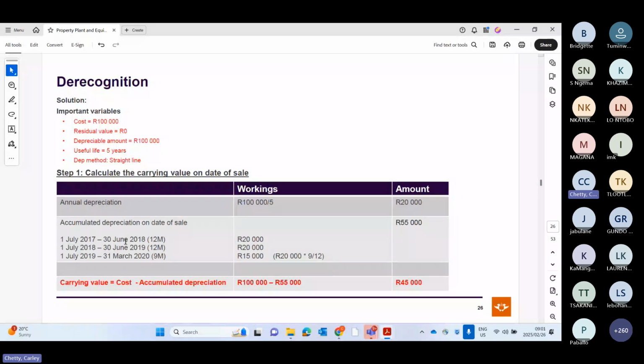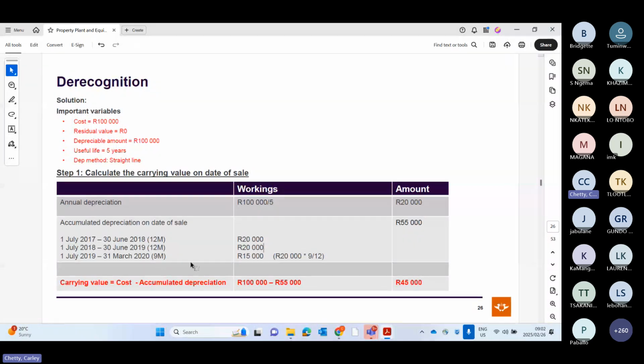Then from 1 July 2018 to 30 June 2019, that is another 20,000 of depreciation. Then we have from 1 July 2019 to 31 March 2020, that is 9 months. So we will prorate the depreciation, and that will give us 15,000 Rand of depreciation.